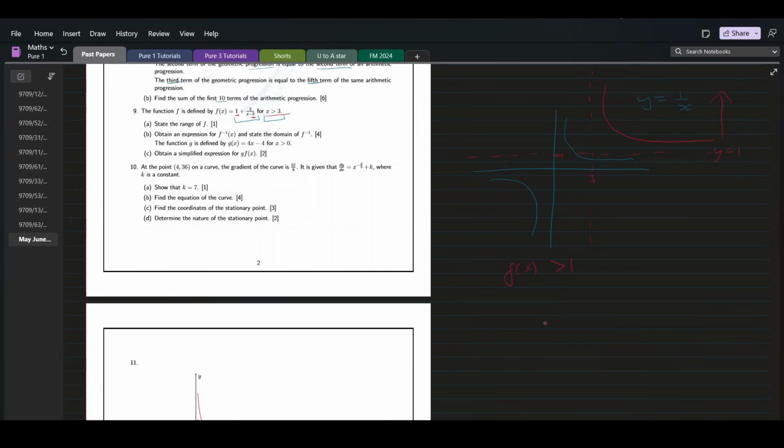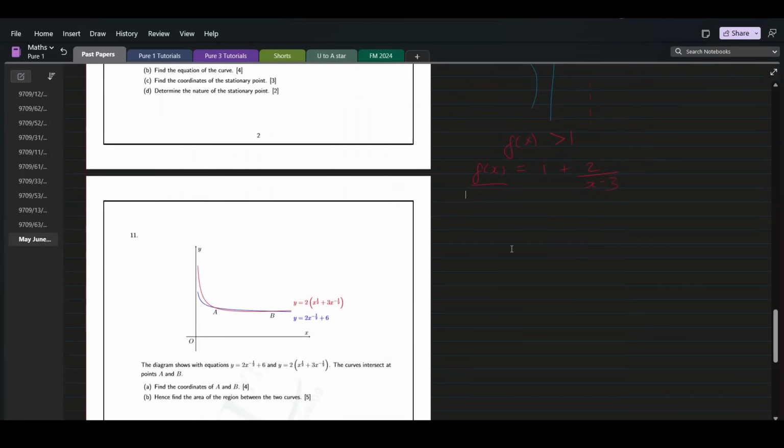Okay, so we know that f of x is equal to 1 plus 2 over x minus 3. So let's replace f of x with y. So this becomes y is equal to 1 plus 2 over x minus 3. Now our goal is to make x the subject of the formula. So let's move this 1 to the left hand side. So y minus 1 is equal to 2 over x minus 3.